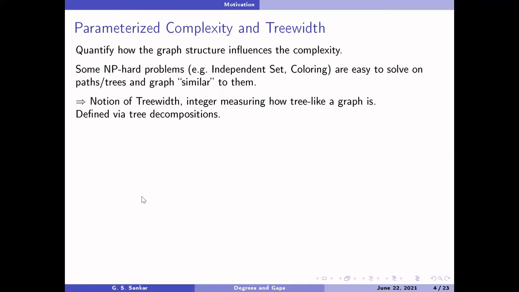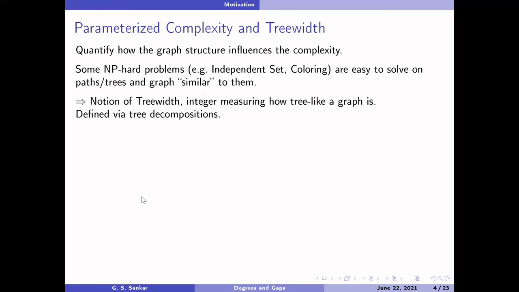Parameterized complexity basically quantifies how one specific graph structure influences the complexity of a problem. For example, you could quantify it on the size of the minimum vertex cover, and so on. We'll be looking at a metric called treewidth, which is basically a measure of how tree-like a graph is.